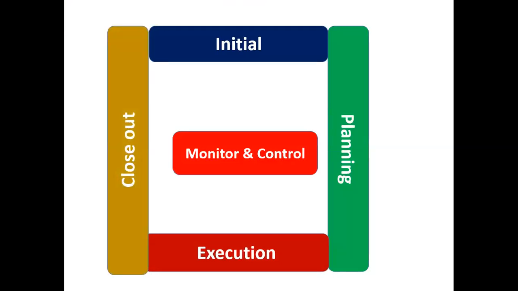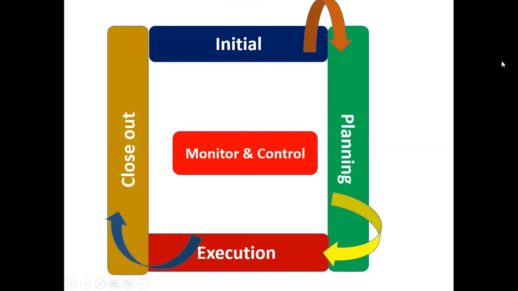So there is a cycle like this. You can see this cycle goes from initiation to planning, planning to execution. During execution you have to carry out monitoring and control as well, and then the closing phase. As you head towards your project completion date, it will end up and the project cycle will be closed, and it will provide you the same thing: a unique set of tangible deliverables.